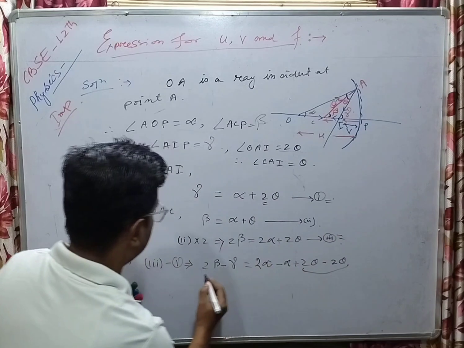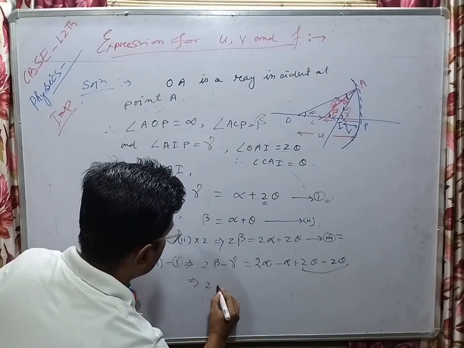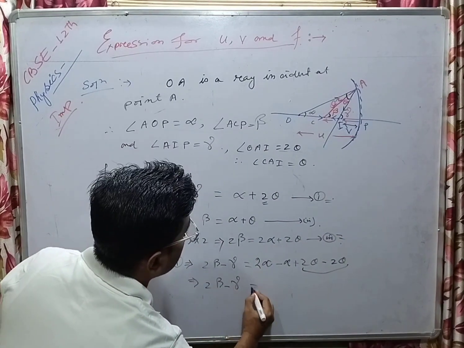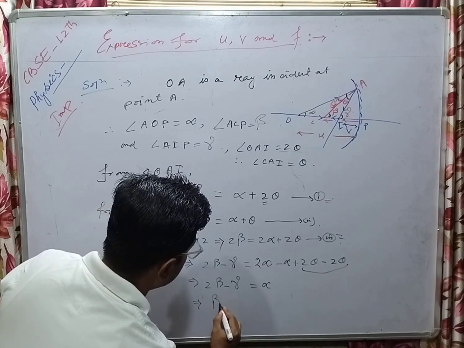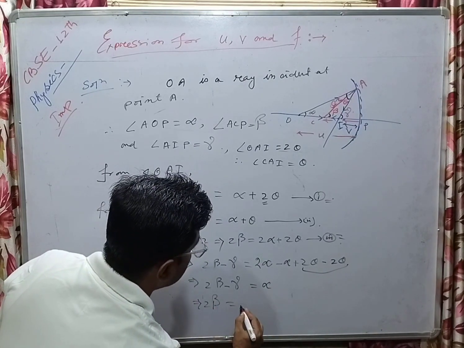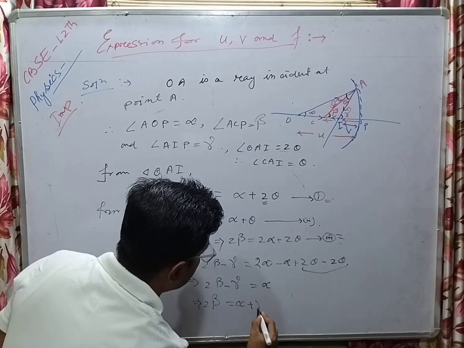These two will be eliminated. Now twice beta minus gamma is equal to alpha. This implies twice beta is equal to alpha plus gamma.